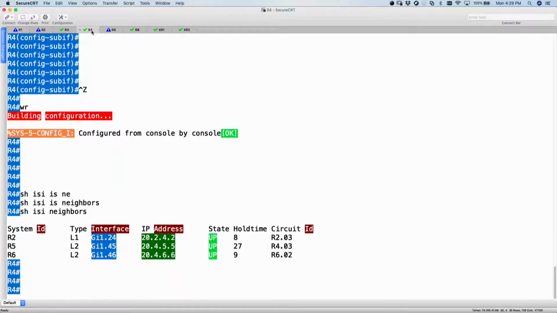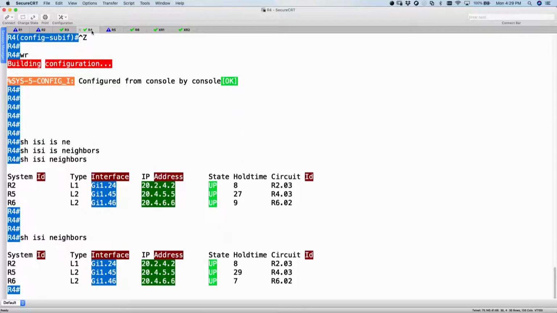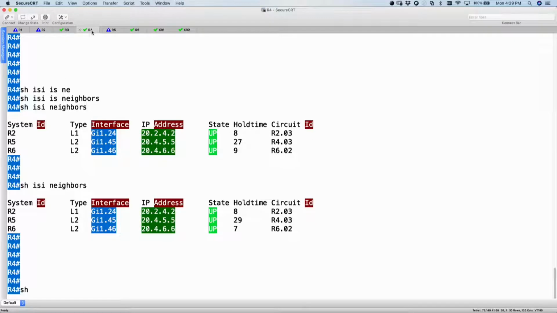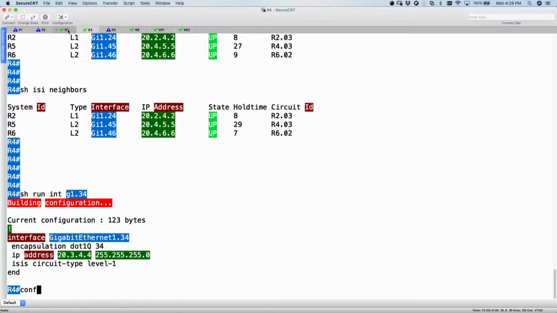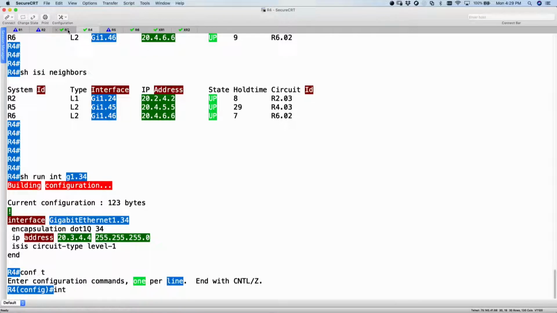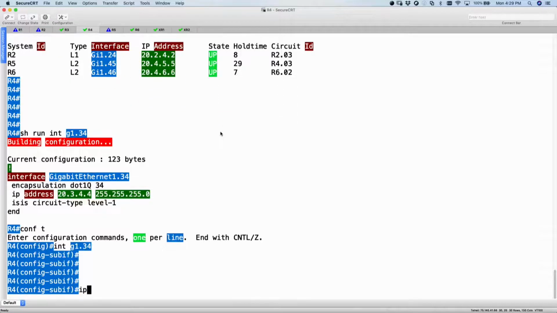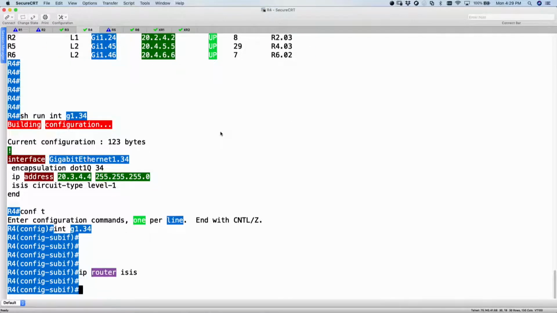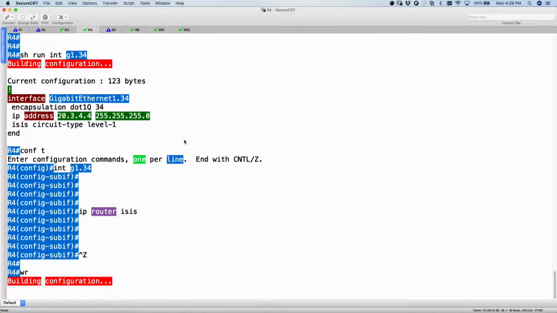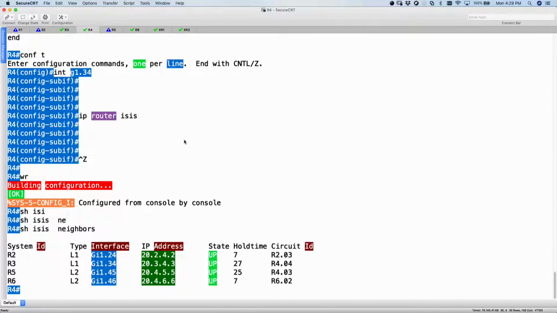I still haven't formed neighbors with R3 and R4. I believe it was the link 34, where I have to activate ISIS. So interface gig 1.34, IP router ISIS. Once I do that, I should have neighbors with R3 also.